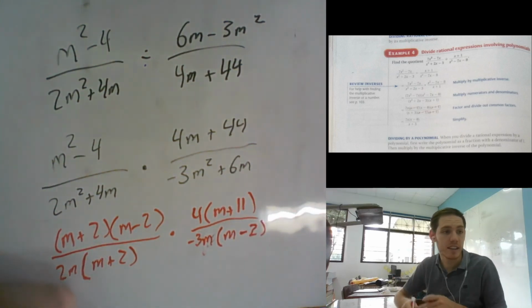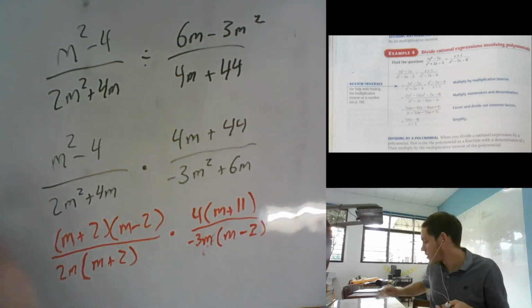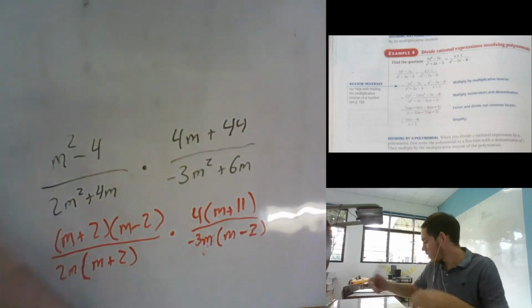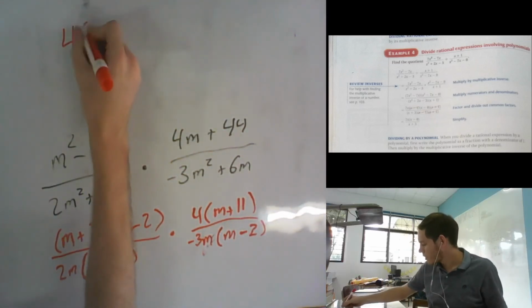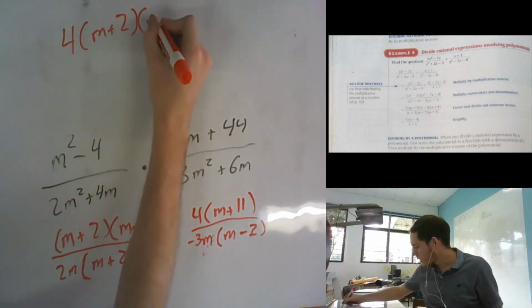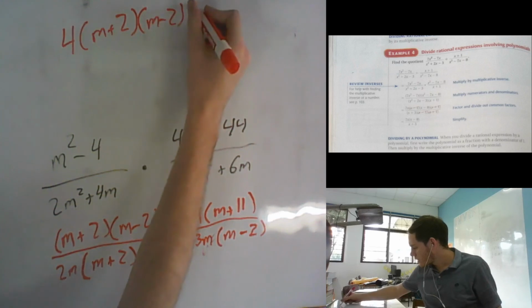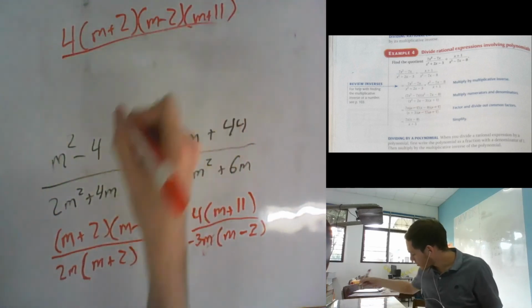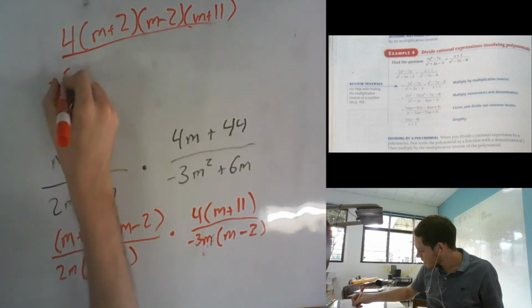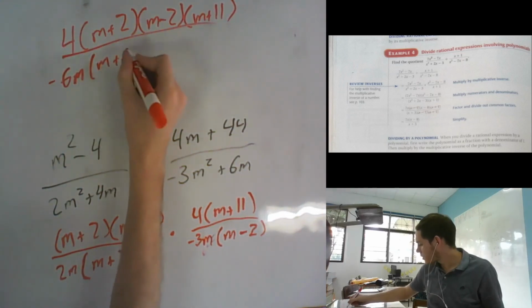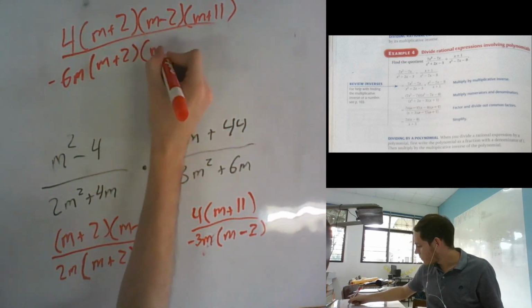Now if we combine these, we're going to get 4 on the top, m plus 2, and times m minus 2, times m plus 11. And if we multiply the bottom, we get negative 6m, m plus 2, times m minus 2.